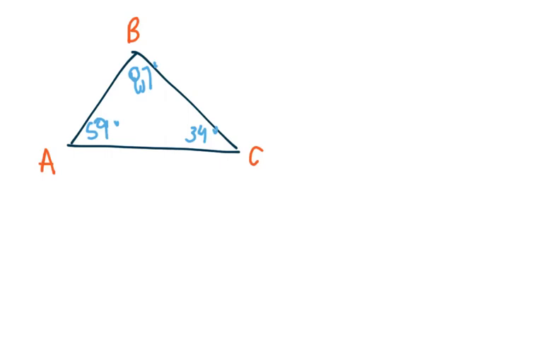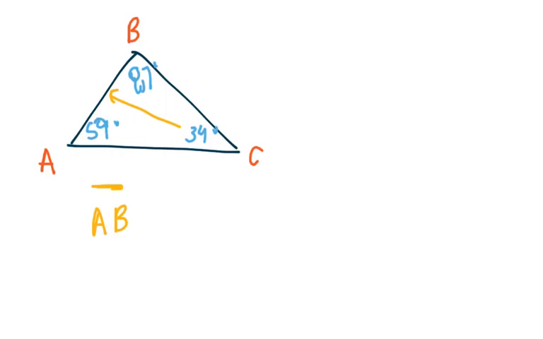So if we have our points A, B, and C there, our smallest angle is going to be 34. So if we go opposite of that, that is going to give us our shortest side. Remember, we have to name our sides with 2 points and our little segment sign on the top.